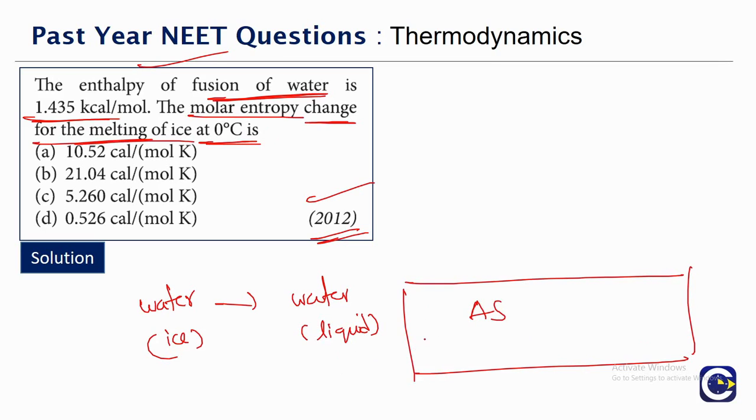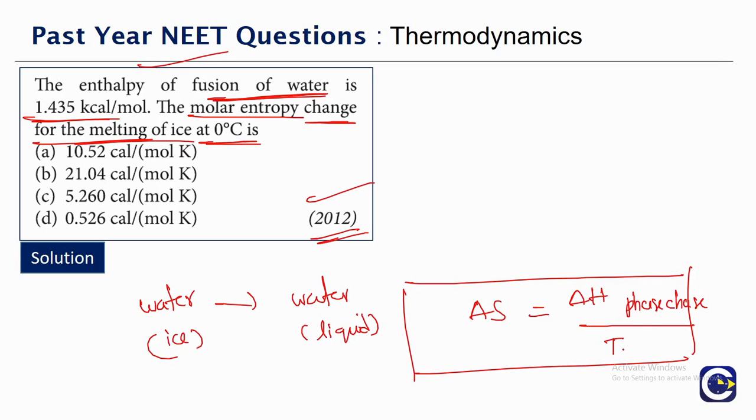entropy, because a phase change is a constant temperature process and a reversible process. For any phase change, entropy change will be equal to the enthalpy of that particular phase change, whether fusion or evaporation or sublimation, divided by the temperature. For fusion, the temperature is the melting point.